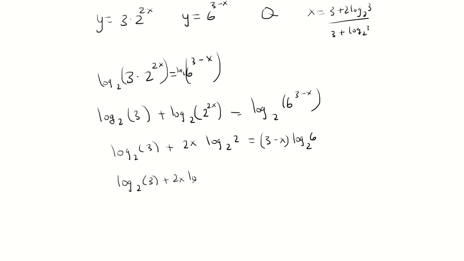And then log base 2 of 2 is just 1, so I'm not even going to bother writing that. So we have 3 times log base 2 of 6 minus x times log base 2 of 6. We'll bring the x's on one side, so it'll be 2x plus x log base 2 of 6 equals 3 log base 2 of 6, and then we'll subtract the log base 2 of 3.